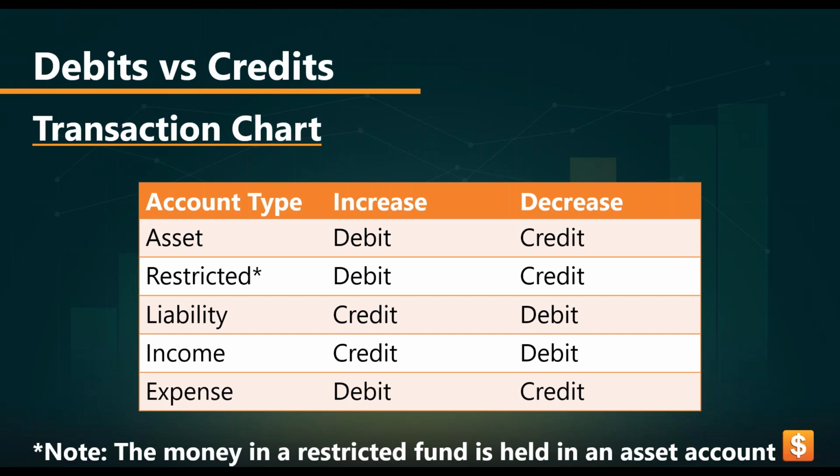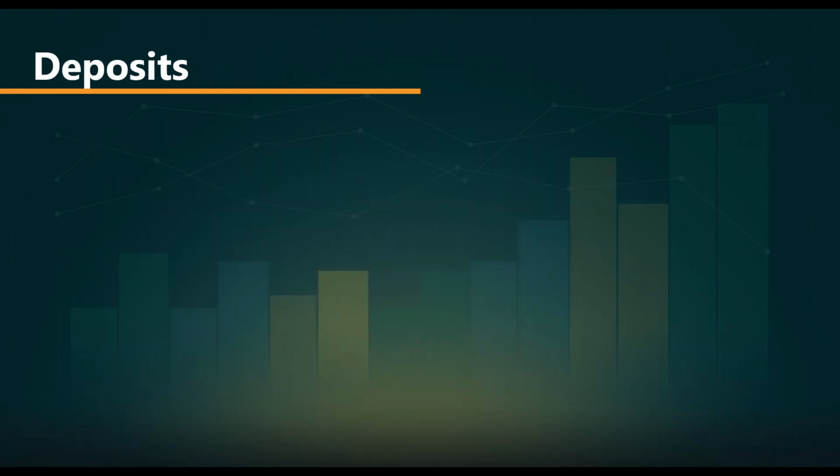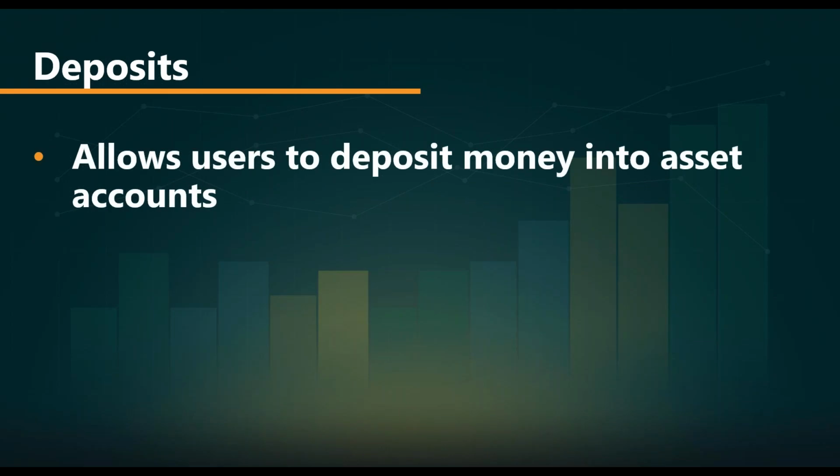So our first transaction is going to be deposits. Basically, this area is just to allow you to deposit money directly into asset accounts. You cannot deposit money into liability accounts, only asset accounts, as it uses restricted accounts.